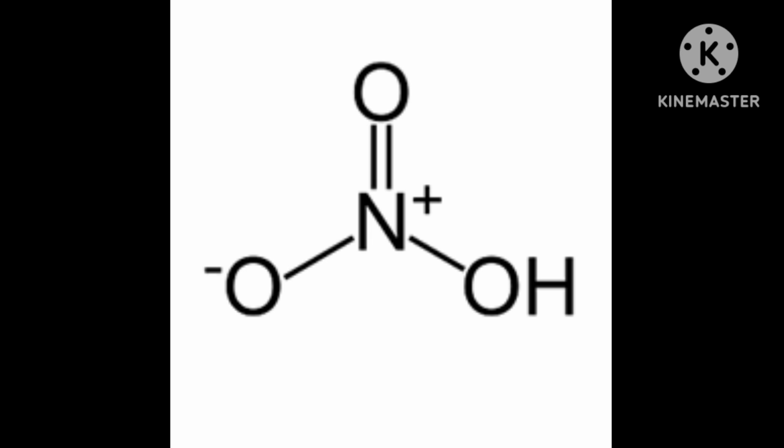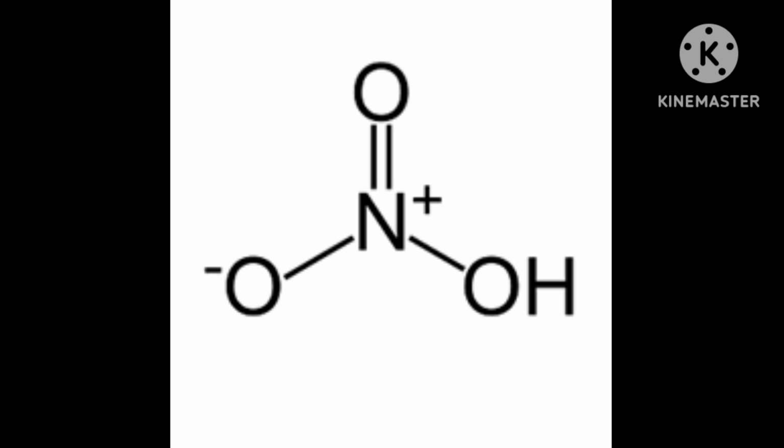But here you are getting one more product, NO, nitric oxide. You started the reaction with ammonia and oxygen and got NO. Now in the last step, again you are getting NO. Hence the whole process can be repeated to get more nitric acid.